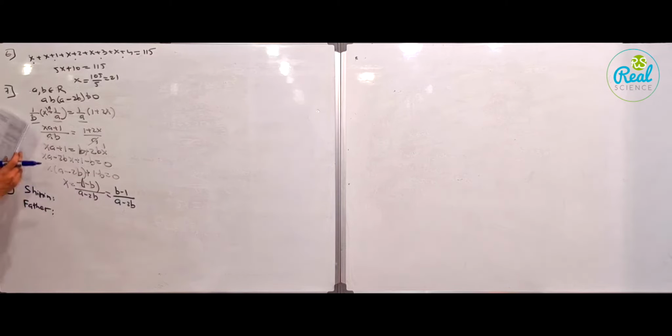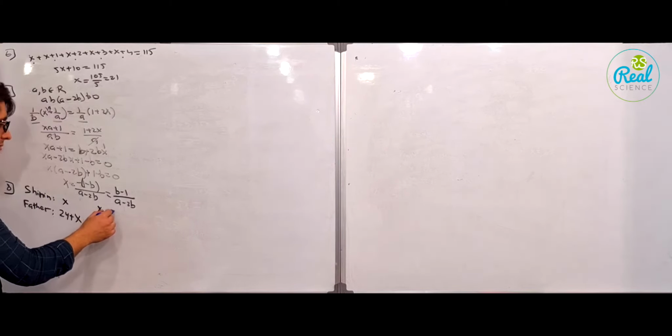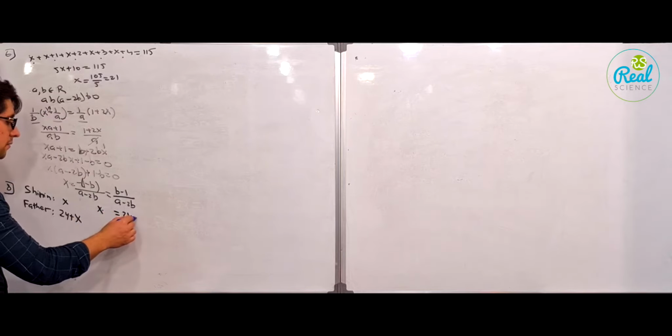If the age of Shirin is x now, the age of his father is 24 more, right? So now the father is 4 times older than Shirin: 4x equals 24 plus x.